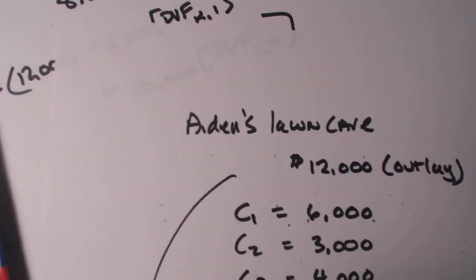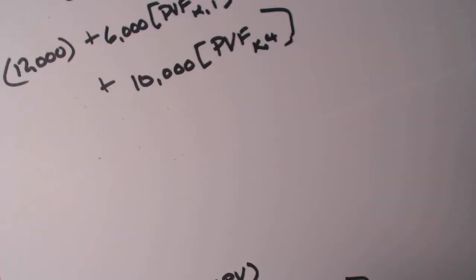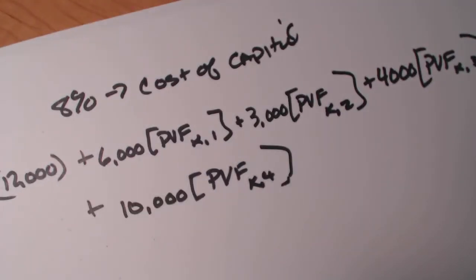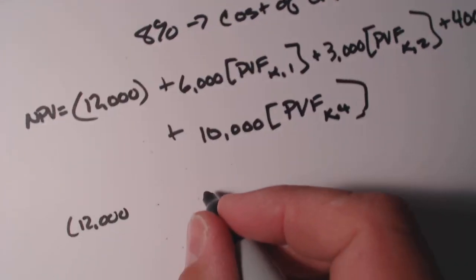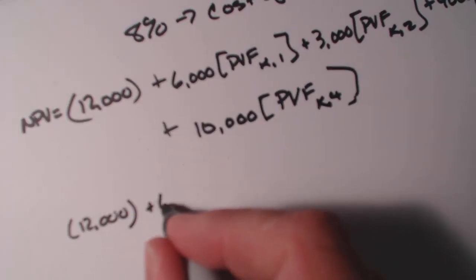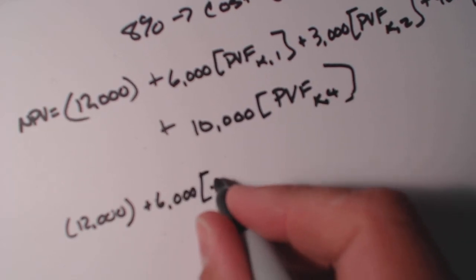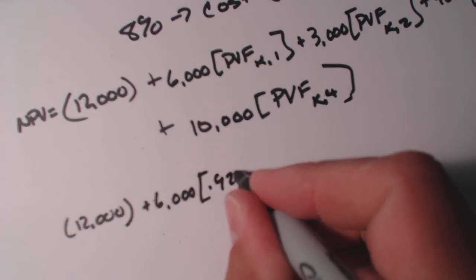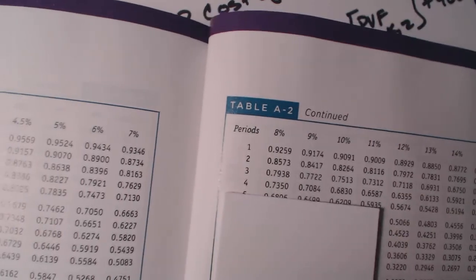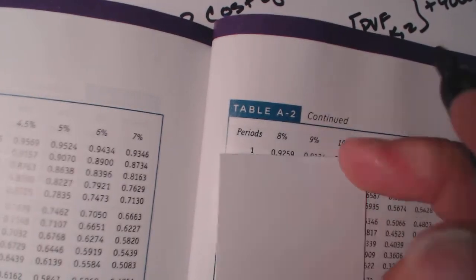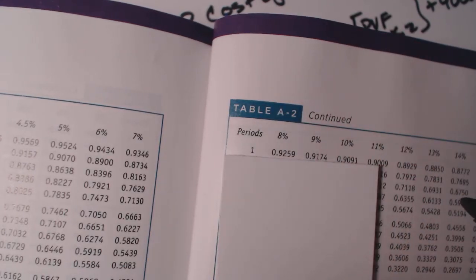So the way we set this up, let's just get back to this problem. It's a very simple calculation. So we would say negative 12,000 plus 6,000 times, now the PVF would be 0.9259. Where we got that from was here in the table. There's an 8% mark. The period was 1, so for the first year it was 0.9259.